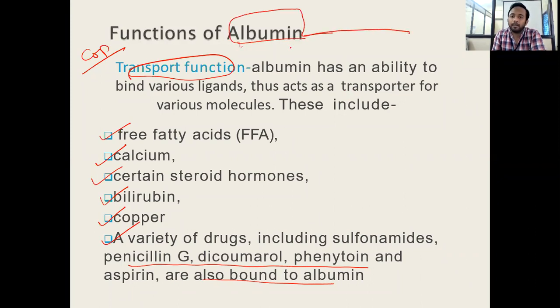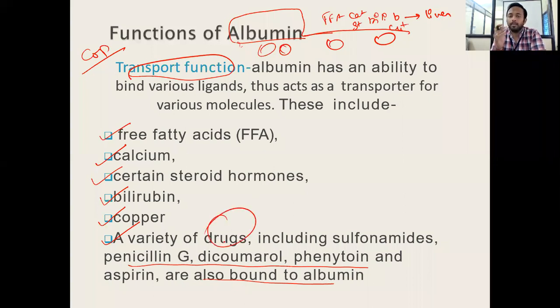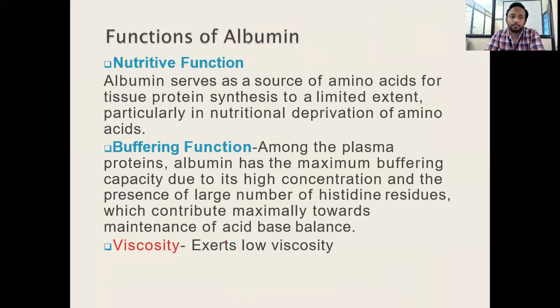It will carry whatever material it wants to carry. It will carry free fatty acids, calcium, some steroid hormones, and bilirubin to the liver so that it can be removed from the body, or it carries copper, or various other drugs. Albumin helps to carry these components. That is the transport function.